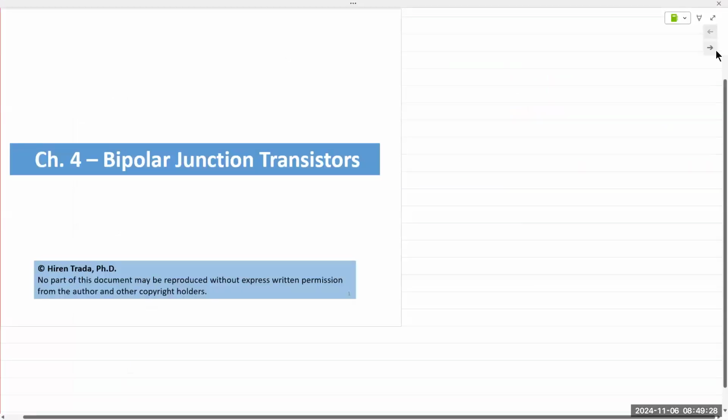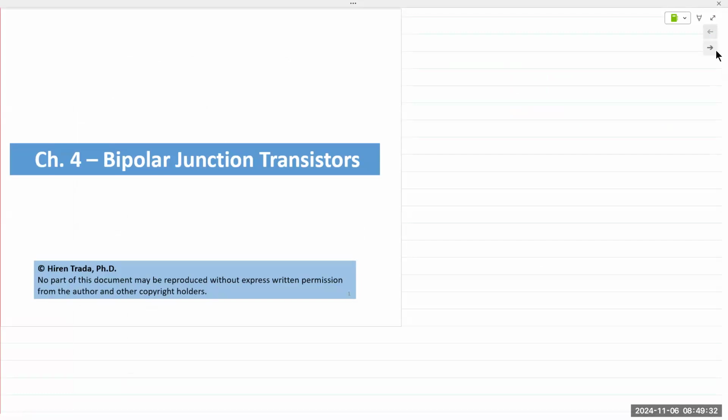the main topic of 306, bipolar junction transistors. FET is a unipolar device because you have an N channel, you have one type of charge carrier.